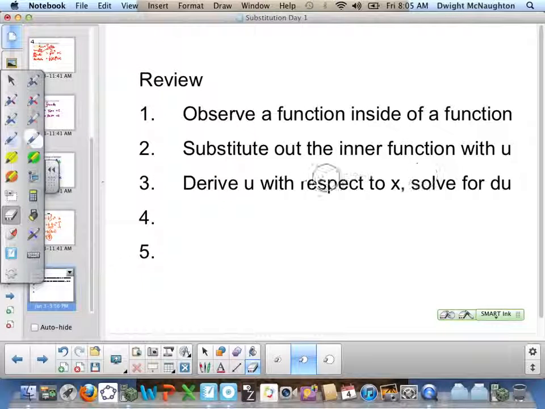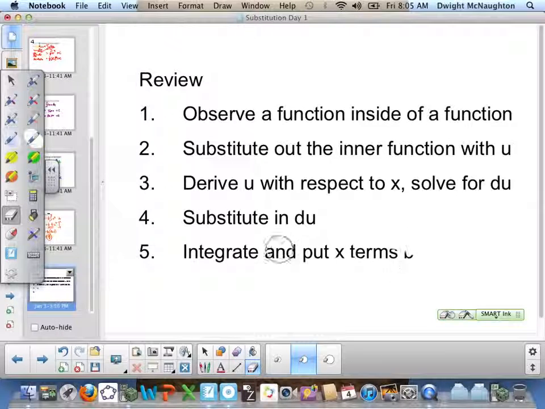Take your derivative of u with respect to x, solve to get du. Then you're going to substitute in du. Then you're going to integrate and put x terms back in.